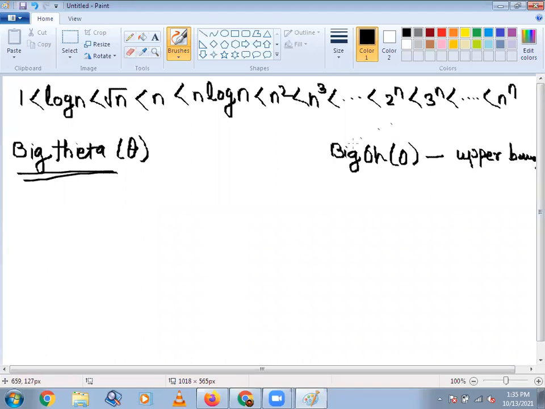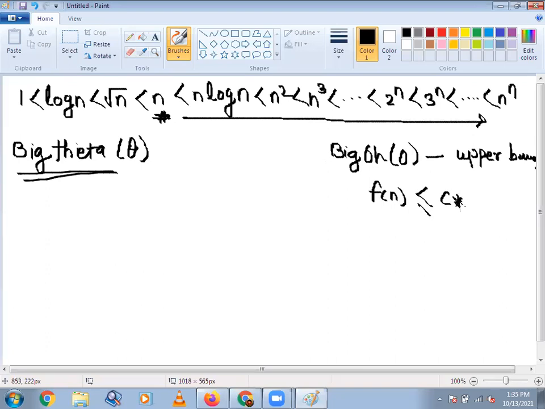Suppose n is the average value of any function which is given, then if we put any of these values in that function, that is f of n is less than or equal to c into g of n.